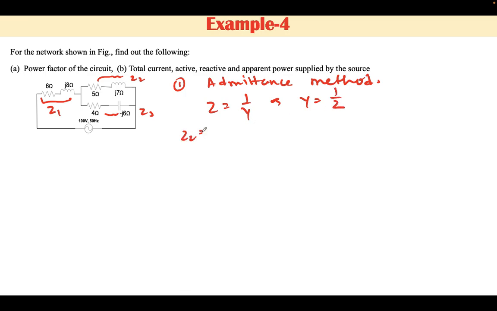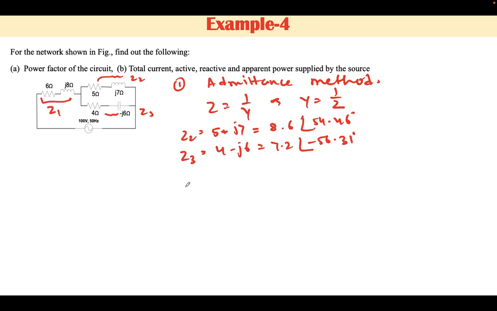Z2 is equal to 5 plus j7, which can be written in polar form as 8.6 angle of 54.46. Z3 will be equal to 4 minus j6, which is equal to 7.2 angle of minus 56.31 degree in polar form.